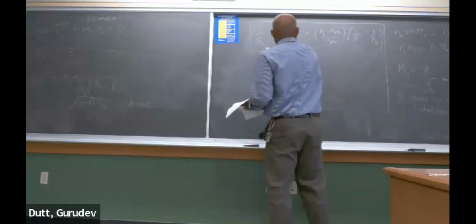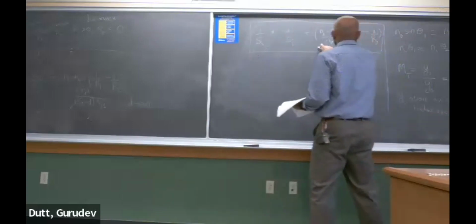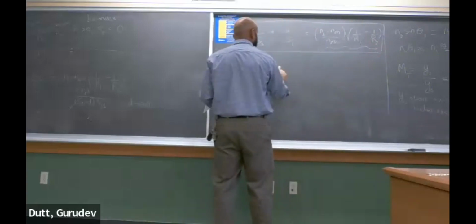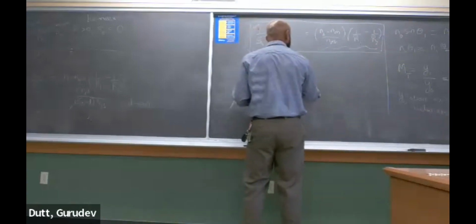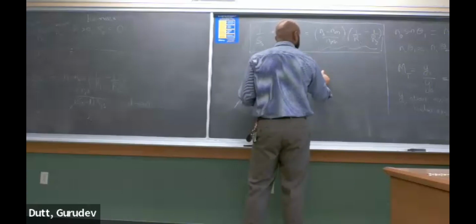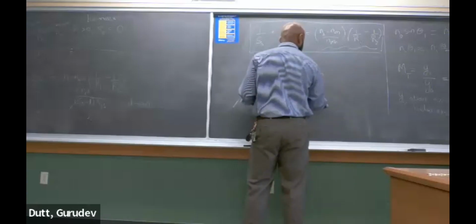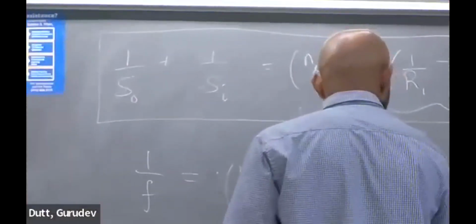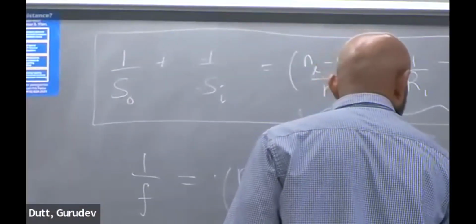And in fact, this can be rewritten. I call this entire term on the right-hand side 1 over f. Typically, our lenses and so on are going to be in air, so this is going to become simplified even more.